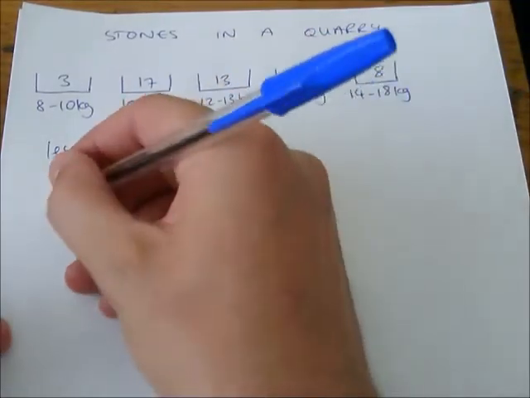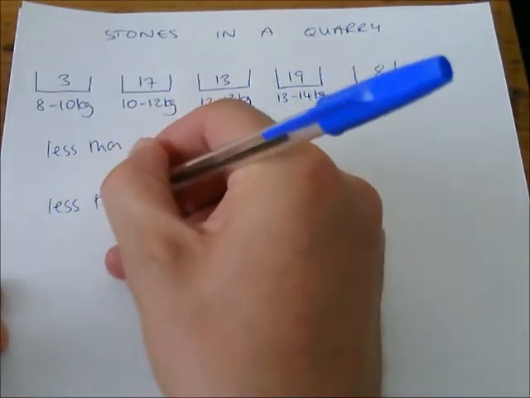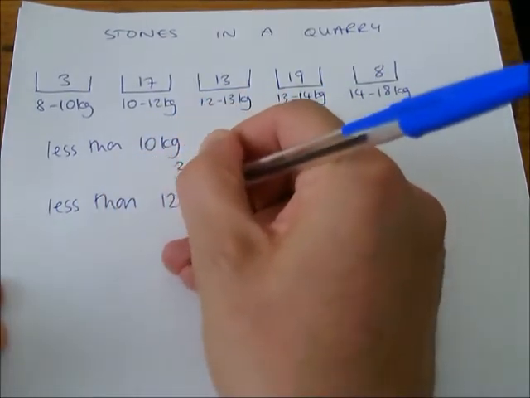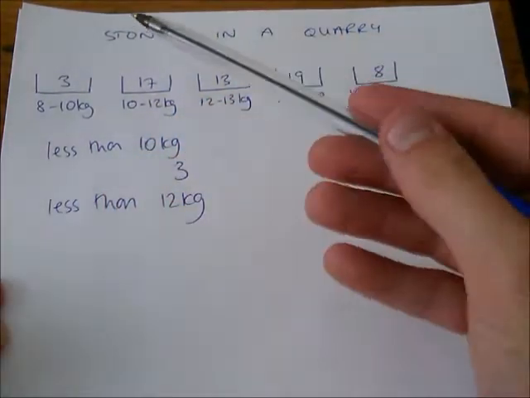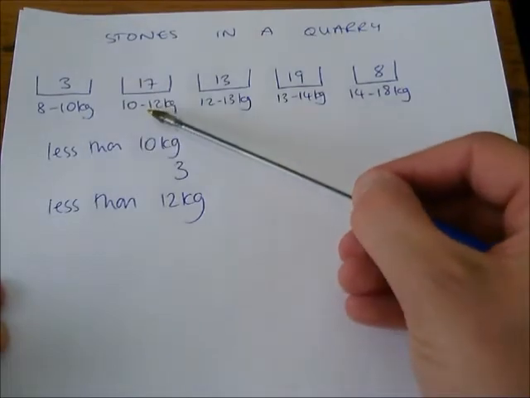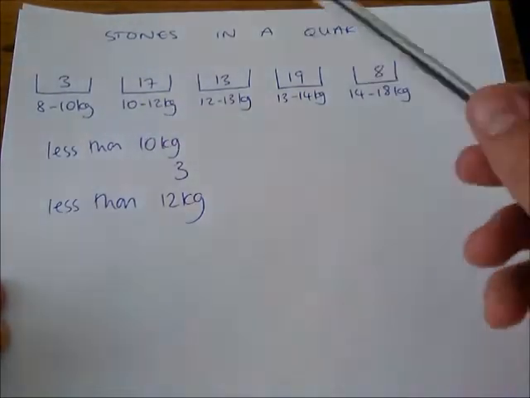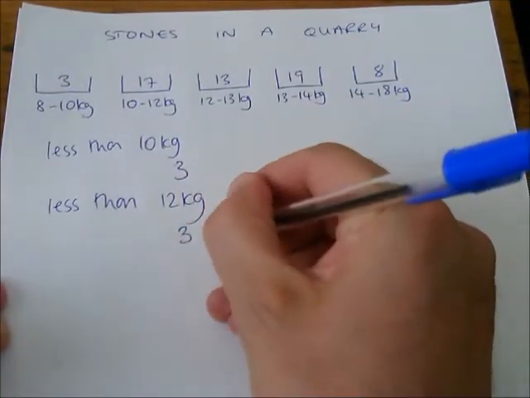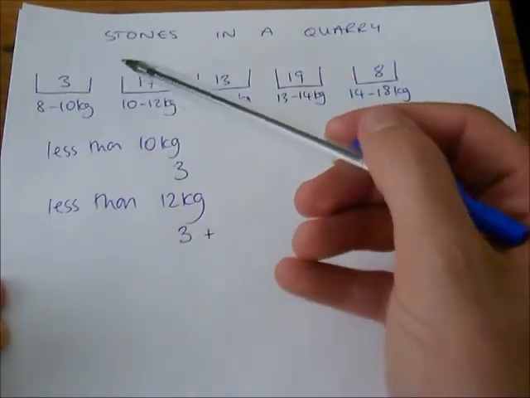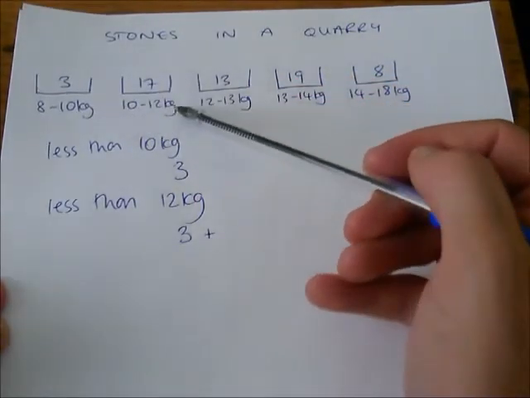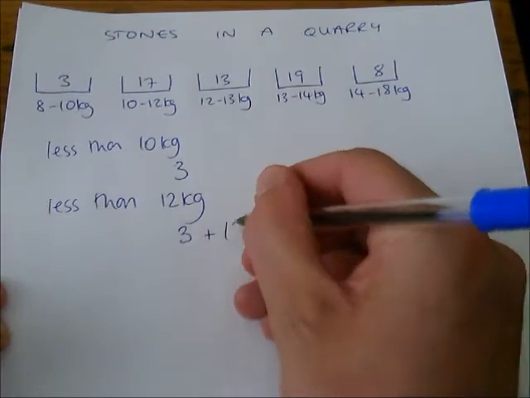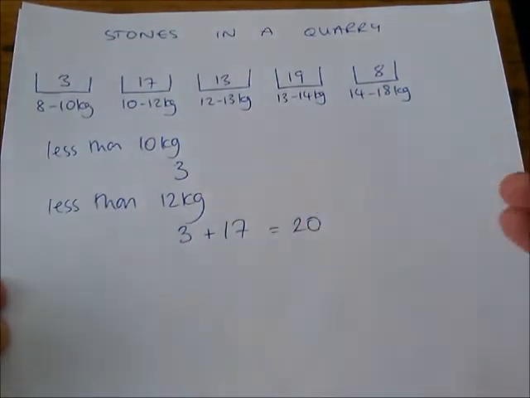If I said how many of the stones are less than 12 kilograms, you'd have to look in this skip here and this skip here. Both of those added up. You'd have to have the 3 stones in the very light skip and include these ones here, because these ones are up to 12 kilograms. So you get the answer 20.